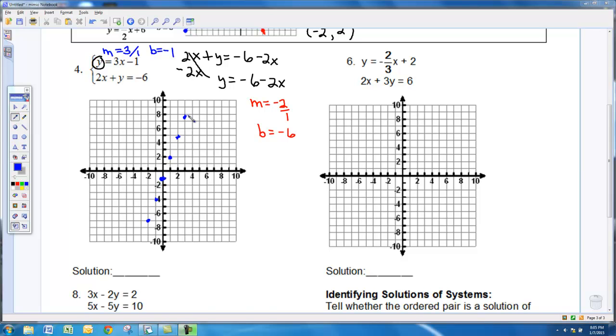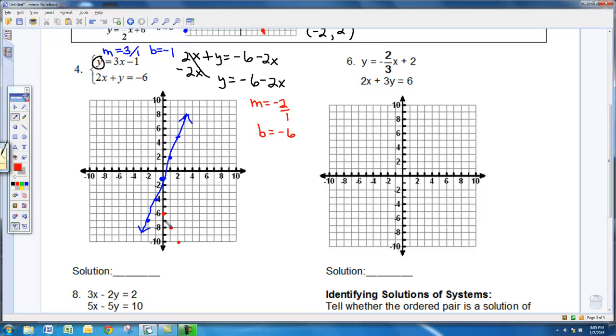Okay, so here's our first line graphed. Now we'll graph the second line. Our second line has a y-intercept of -6 and a slope of -2.